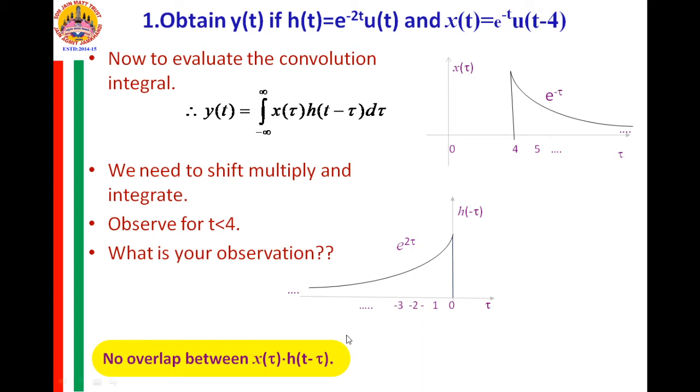We have already evaluated in the first slide that y of t starts from t equal to 4 onwards. So for t less than 4, y of t is equal to 0, because x of tau and h of t minus tau do not overlap with each other. So this integration of x of tau h of t minus tau d tau from minus infinity to plus infinity is equal to 0, for the duration of t less than 4.